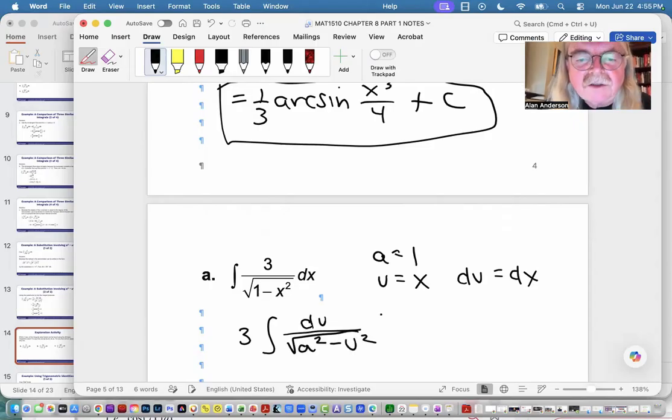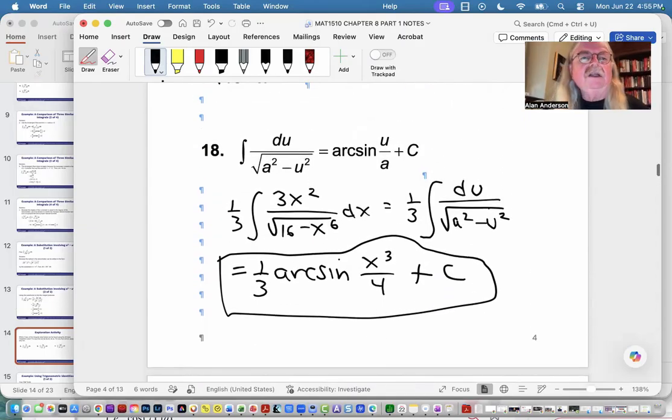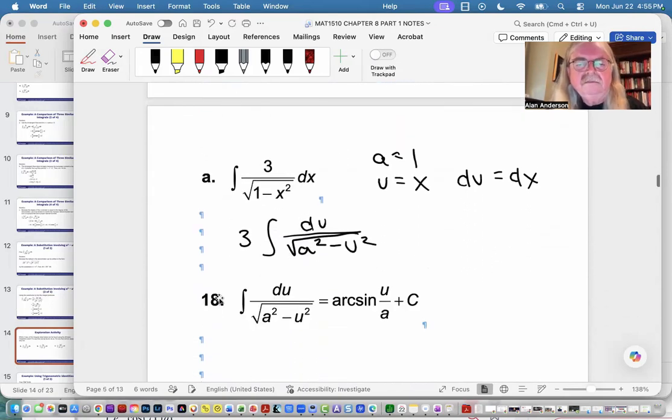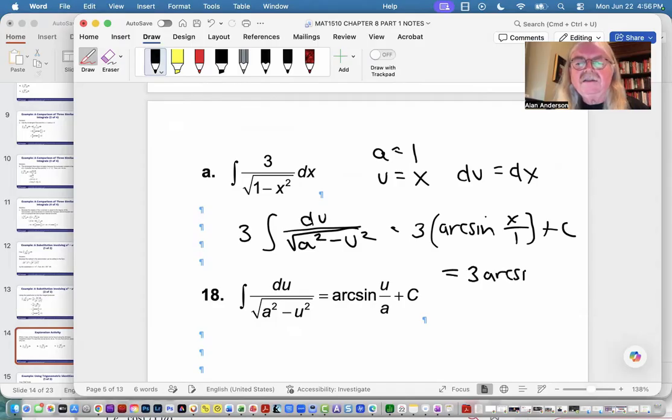And I think we just had this one, right? Yes, we did. What do you know? All right, so then what do we have? Three arc sine u over a, or very simply, three arc sine x plus c.